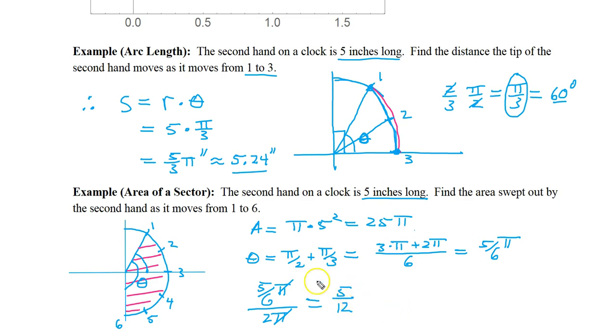So that 5/12 represents what fractional part the shaded region here is of the entire circle of radius 5, and therefore our area that is swept out is going to be 5/12 times the area of the entire circle, which is 25 pi, and that is going to be approximately 32.72, and that would be in square inches.